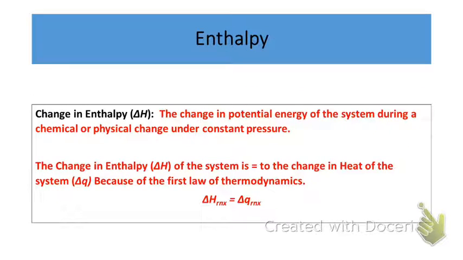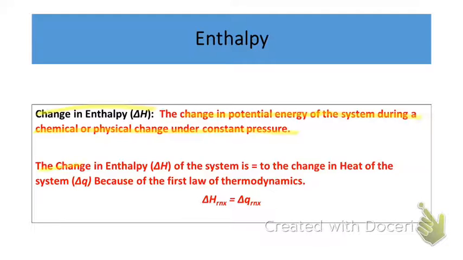Alright, so let's define change in enthalpy. Again, the change in enthalpy is delta H. The change in enthalpy is the change in potential energy of the system during a chemical or physical change under constant pressure.